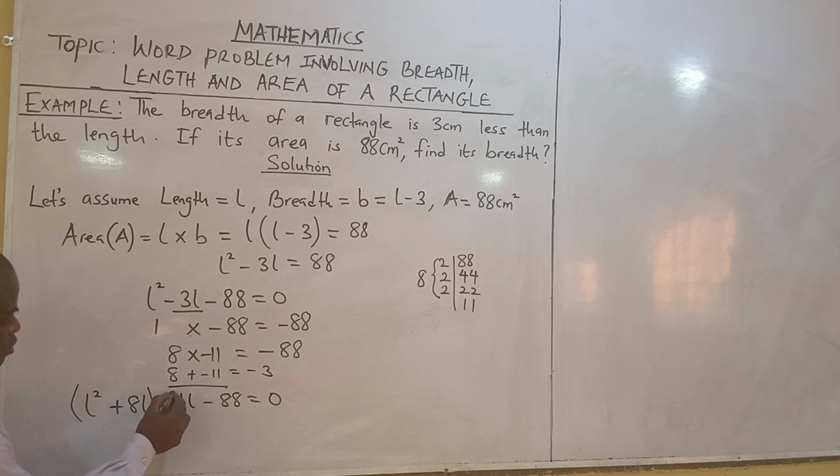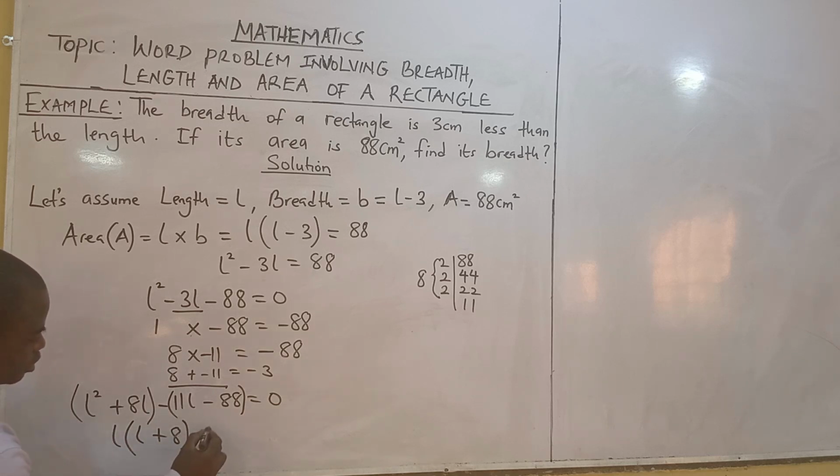Let's factorize. What's common? L. L, open bracket, you are left with L plus 8, close the bracket, minus 11. 11 is common. 11 goes in 11, and in 88, 8.